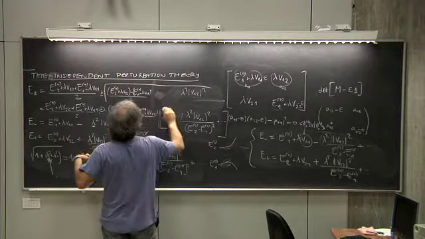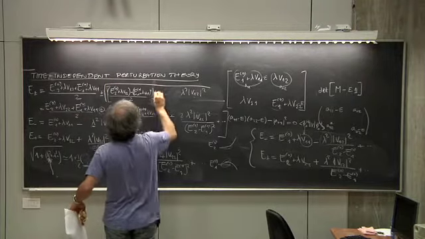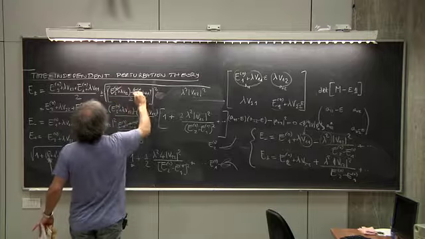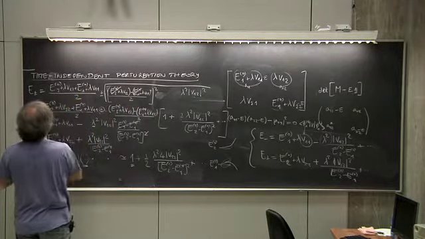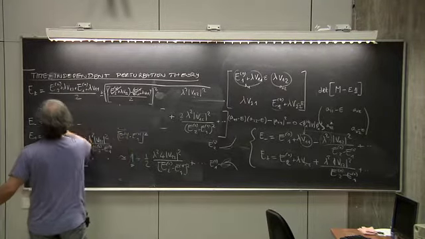This is inside, and here there is a square. So if E2 and E1 are the same, this drops, and this is just the same thing. So let me write it again here.